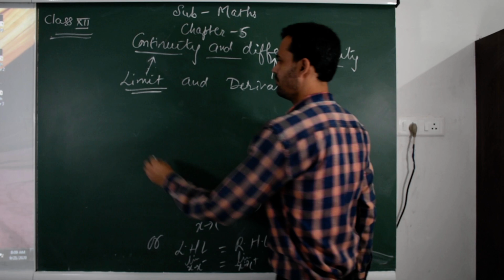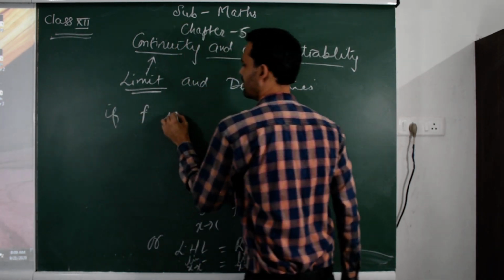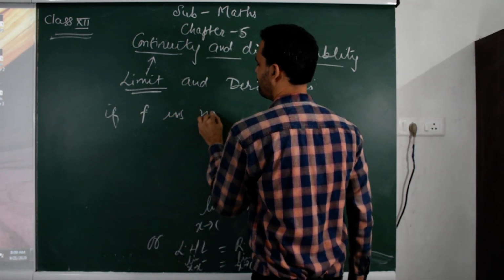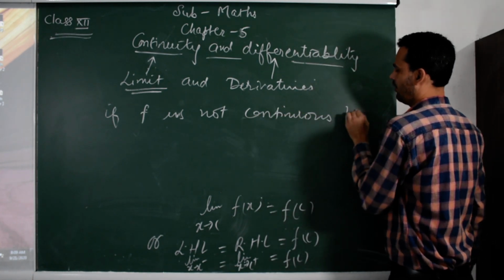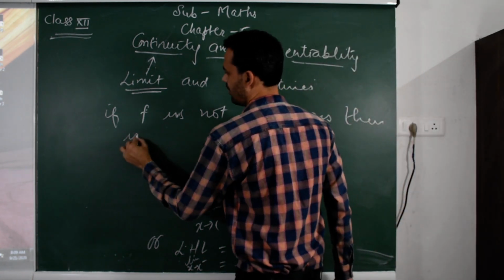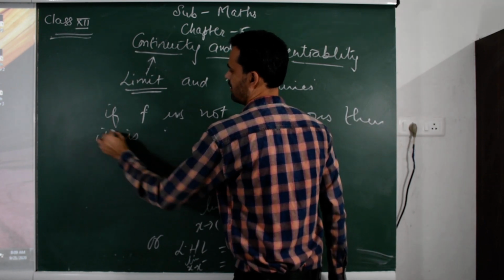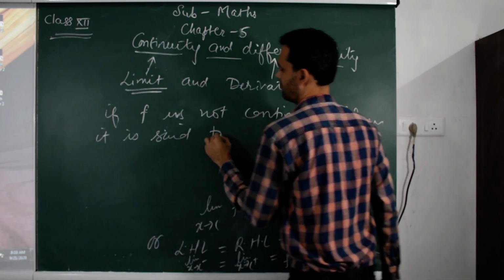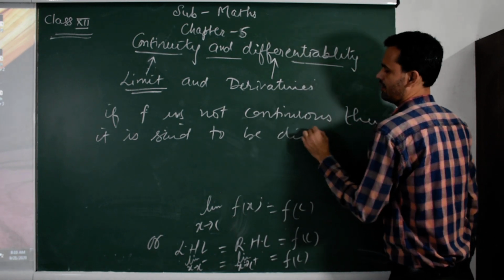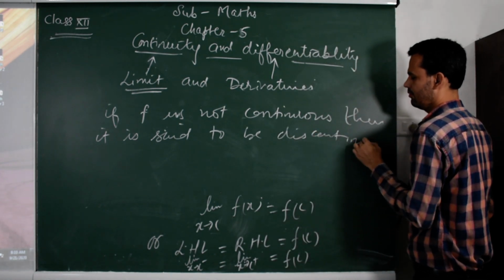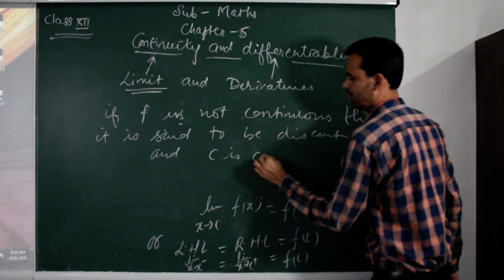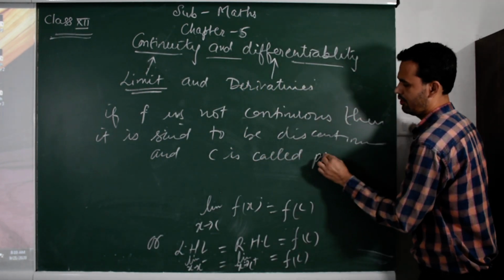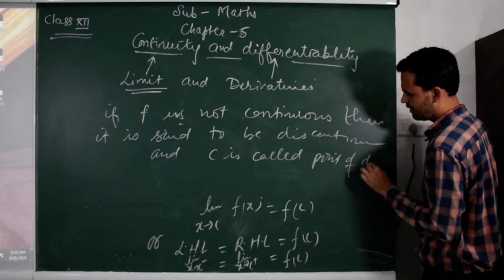If f is not continuous, then it is said to be discontinuous, and c is called the point of discontinuity.